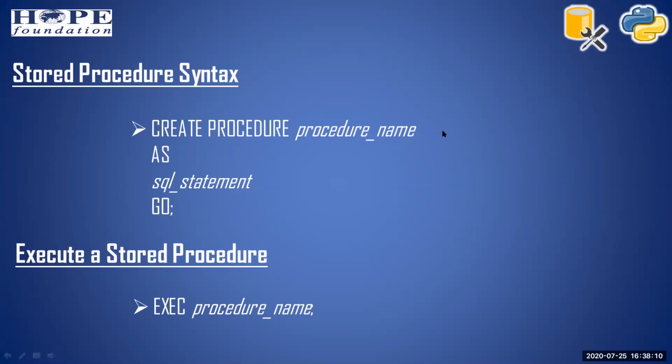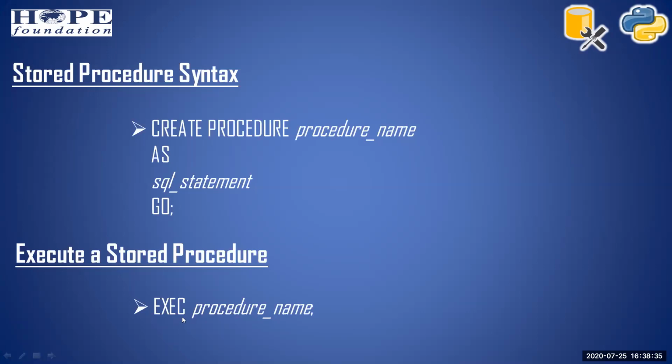So you can see my cursor. Okay, you can give it here, right? So let's see how to do that. And if you want to execute a stored procedure, you have to give EXEC and the procedure name. Okay, in the dynamic pivot table class, we have seen this EXEC operator, right?